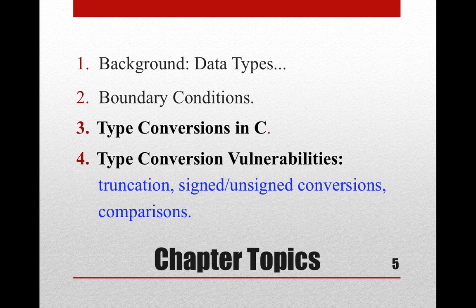So before you can get into overflows, underflows, etc., you have to understand what the data types are, their sizes, and what numbers they represent. Boundary conditions discusses arithmetic operations and how that affects the result. This chapter is about 100 pages, and most of it is in type conversions in C and less so in vulnerabilities.